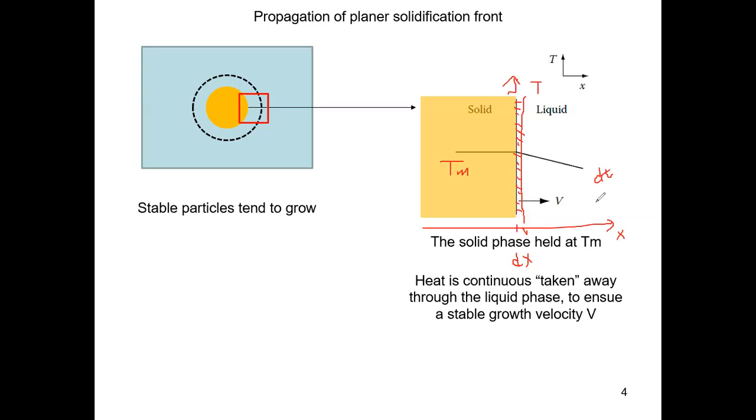So I can easily define a velocity, which is dx over dt. This is how we define the propagation velocity. The meaning is that during time dt, a small amount of liquid transforms into the solid, and this adds a thickness of dx to the original solid front. So v is simply defined as dx over dt. Does this make sense to everyone?